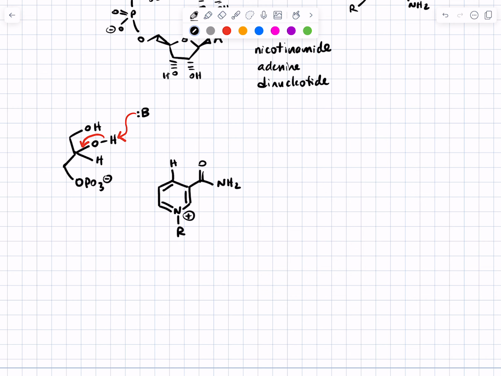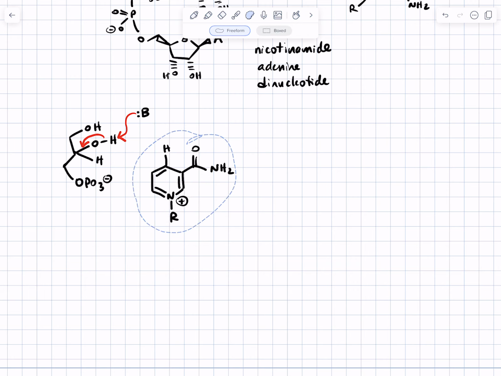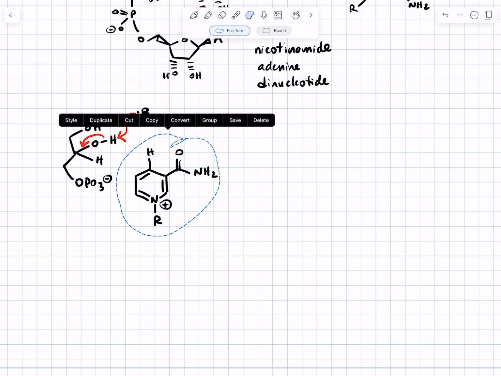What instead is happening here is that the nicotinamide portion of NAD+ is so close to the glycerol 3-phosphate molecule that the glycerol 3-phosphate molecule is literally handing the hydride off directly. H- does not float around in solution. It does not say hello to the enzyme active site.